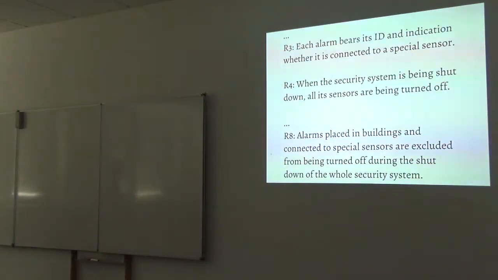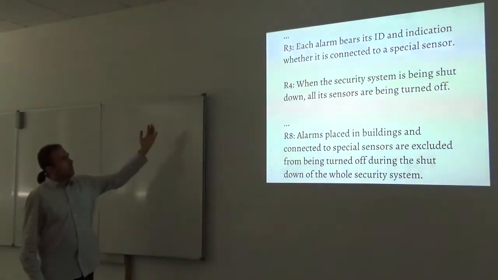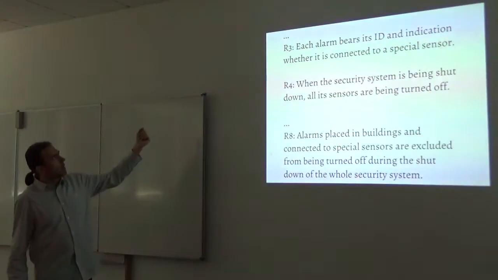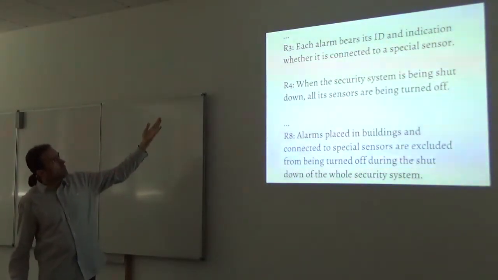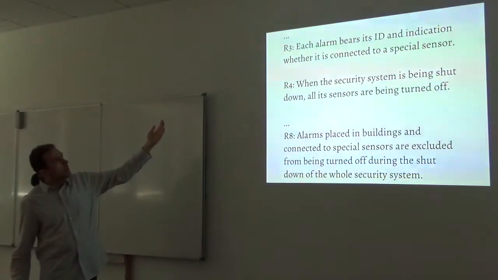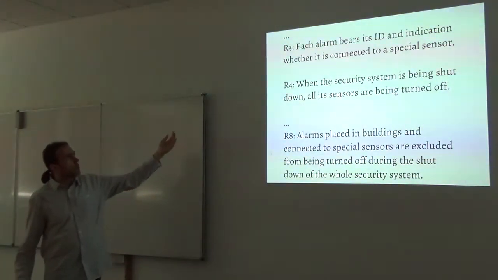So how can we come to a solution, presumably in an object-oriented way? Here we have typical requirements, like each alarm bears its ID and the indication whether it is connected to a special sensor.